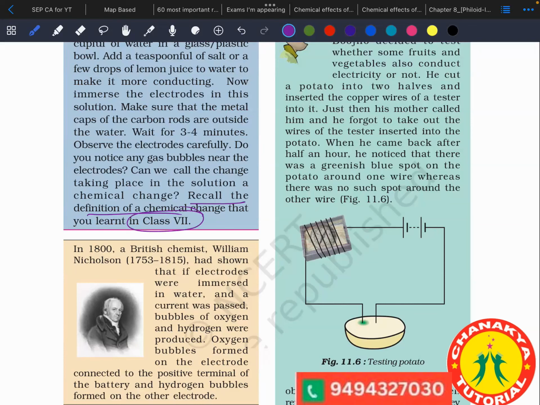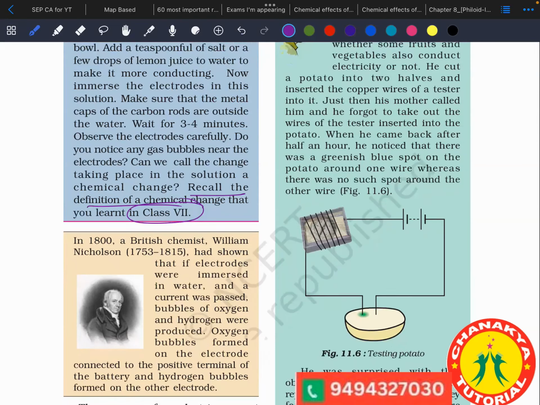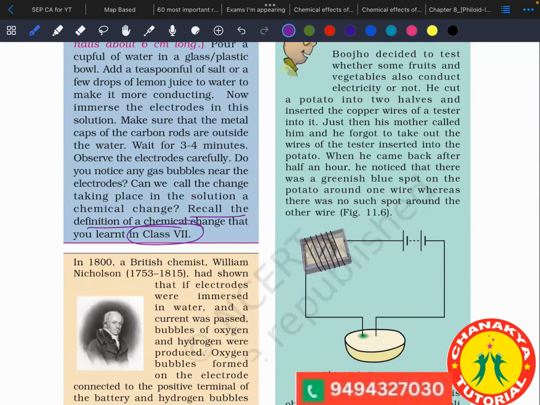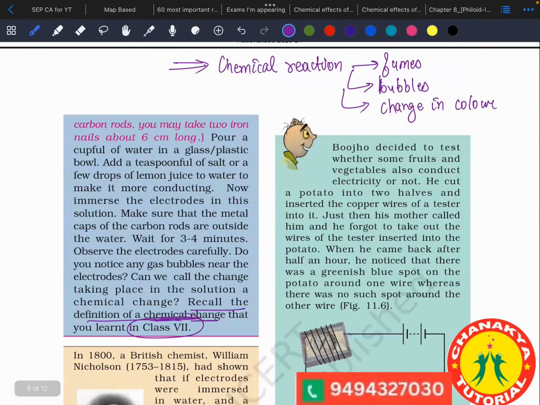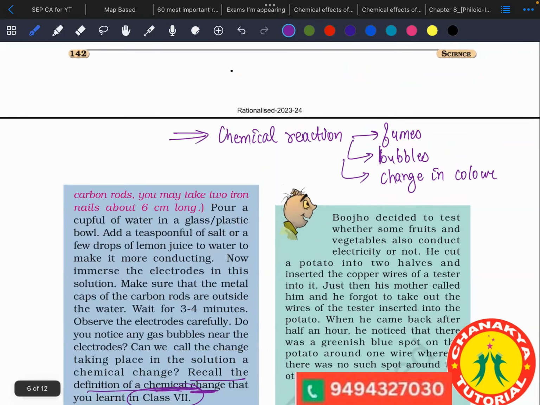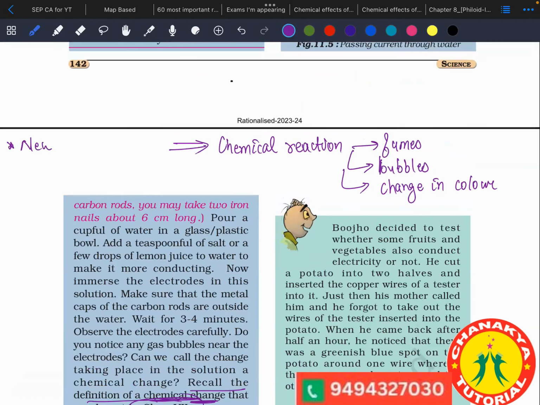Can anyone of you tell me what definition you have learned? Chemical change is a change in which new substances are formed. Okay, very good. So chemical changes are those changes in which new substances are formed.